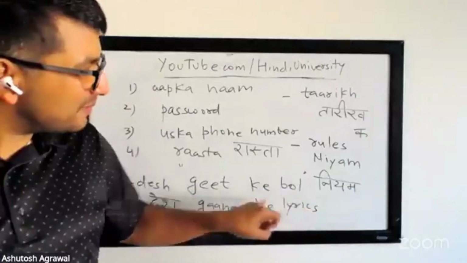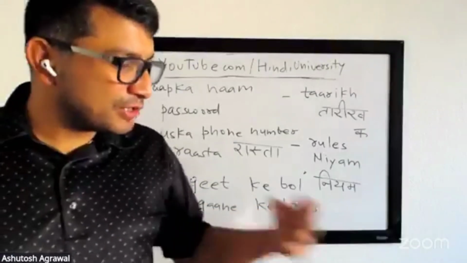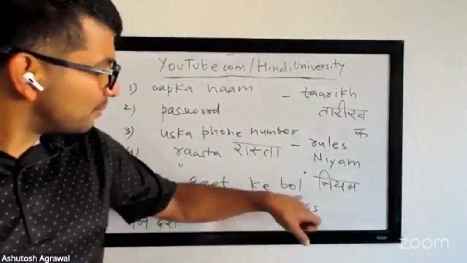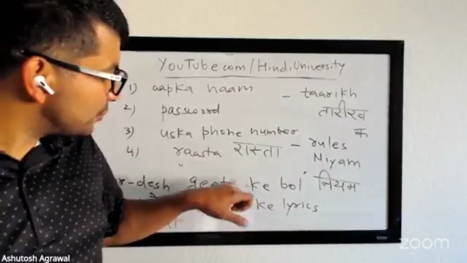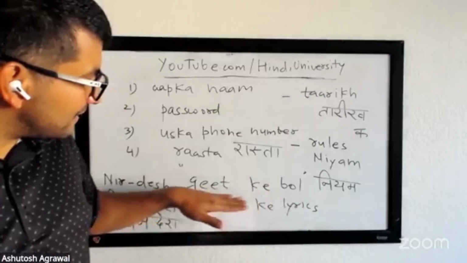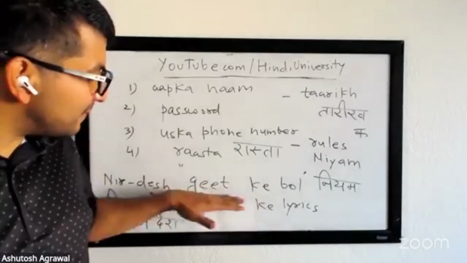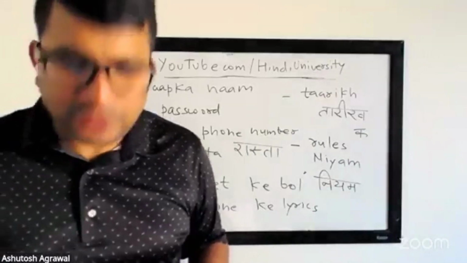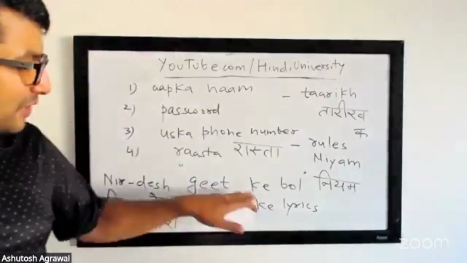In this case, it's pretty much the words used in the song. So a postposition is being used between the Geet and the bowl. The bowl kind of means words? That's right. Thank you. Words of the Geet.